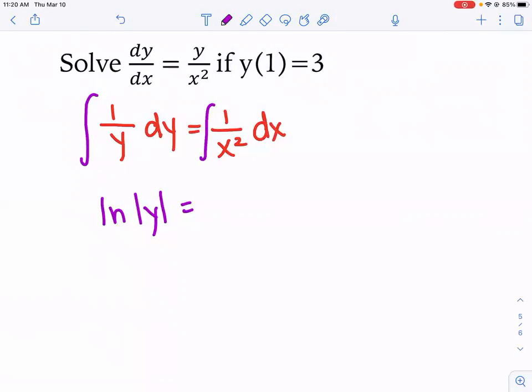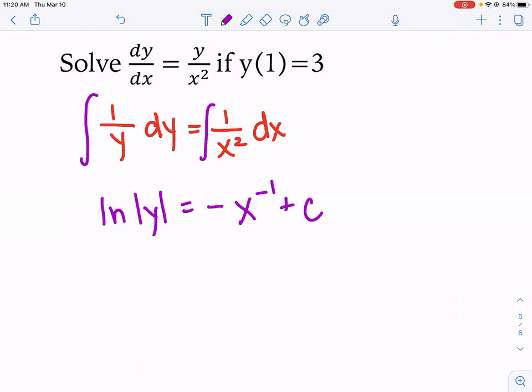This is the same thing as x to the negative second, which means our antiderivative is negative x to the negative 1 plus. Whoops. That's okay. It's been a couple days since we've had to do an antiderivative like that. Please learn from the mistake that you just made. And remember that there's a power rule.